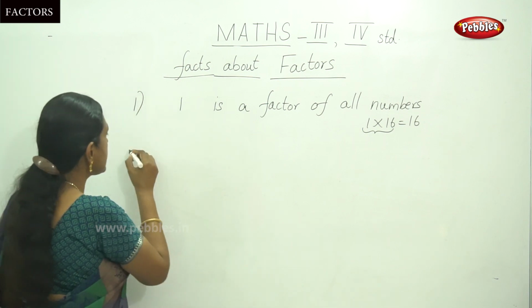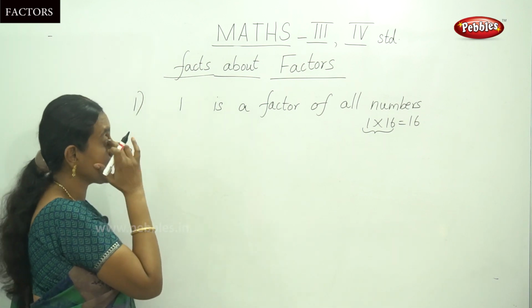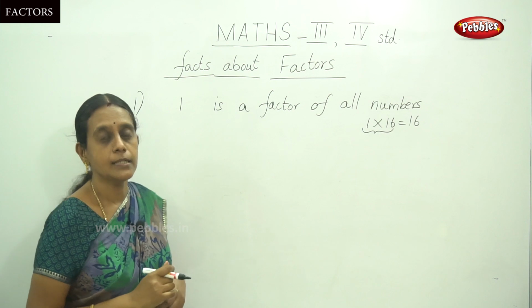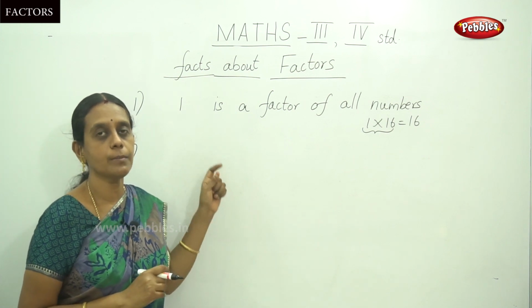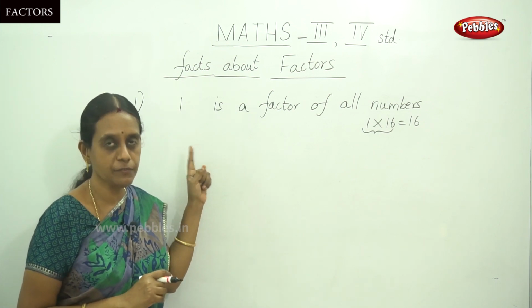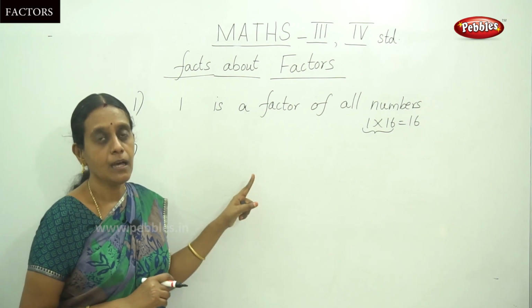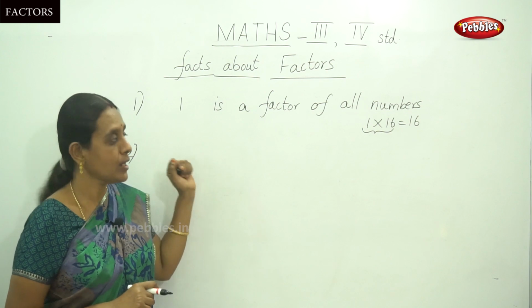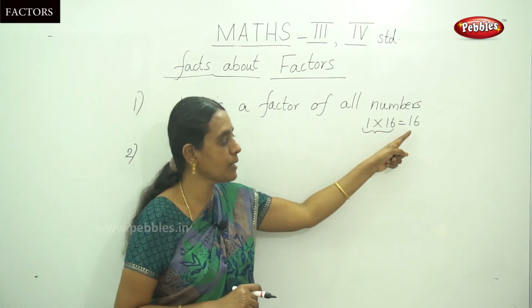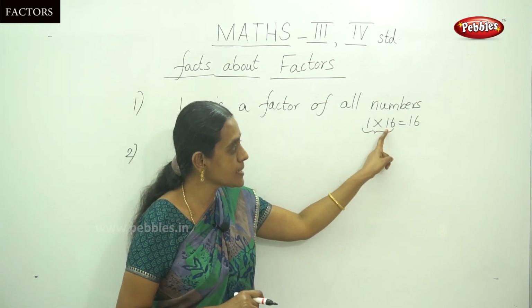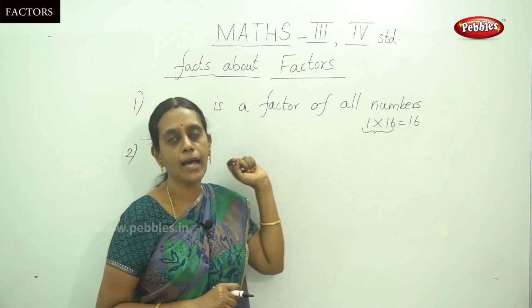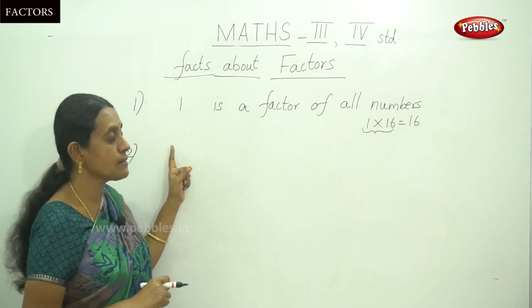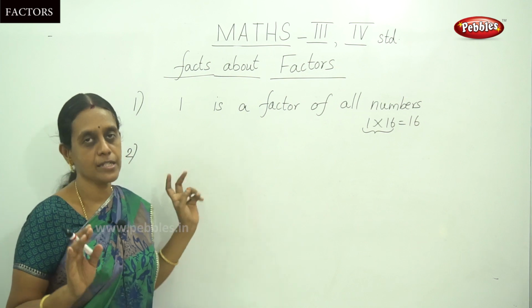The second fact about factors is that the number itself is a factor. Suppose you need to find the factors of 18: the same number itself is a factor of 18. Here also, for the number 16, 16 is one factor of 16. So the number itself is a factor.